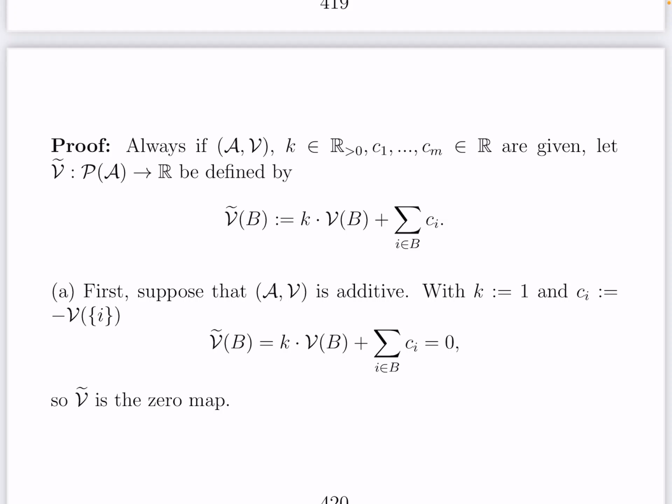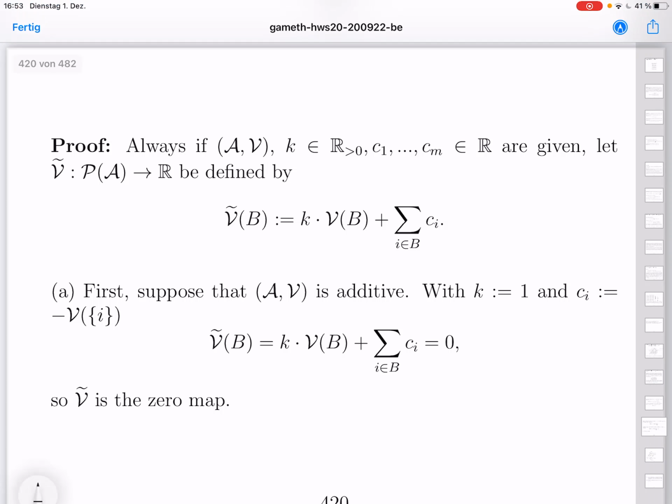But yeah, the V tilde of B here is equal to the sum over i in B of V of i, because this collision valuation is additive, and k is equal to 1, and then I subtract the sum of the Ci, which is precisely minus V of i, so I get the value 0.